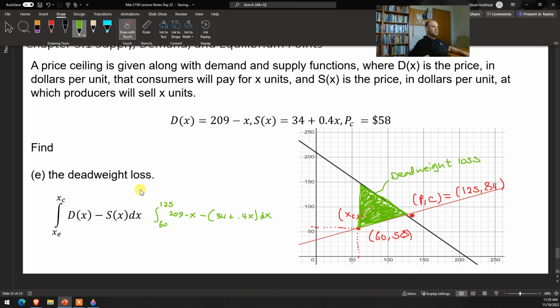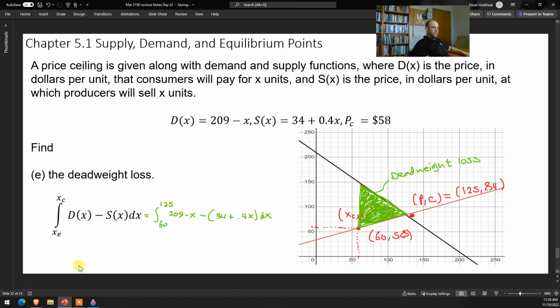Let's first simplify. That is 209 minus 34, it's 175. Then we have minus x minus 0.4x, or minus 1.4x dx.